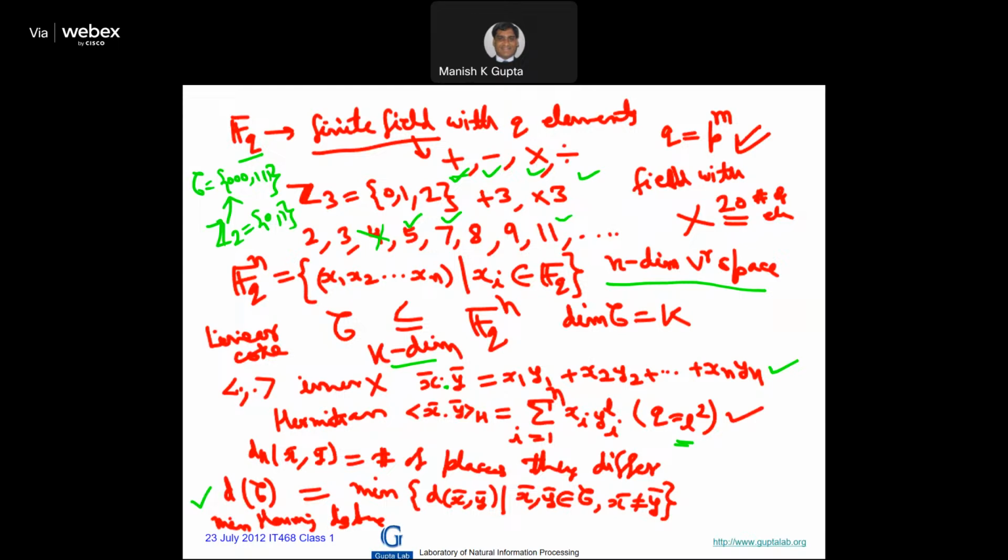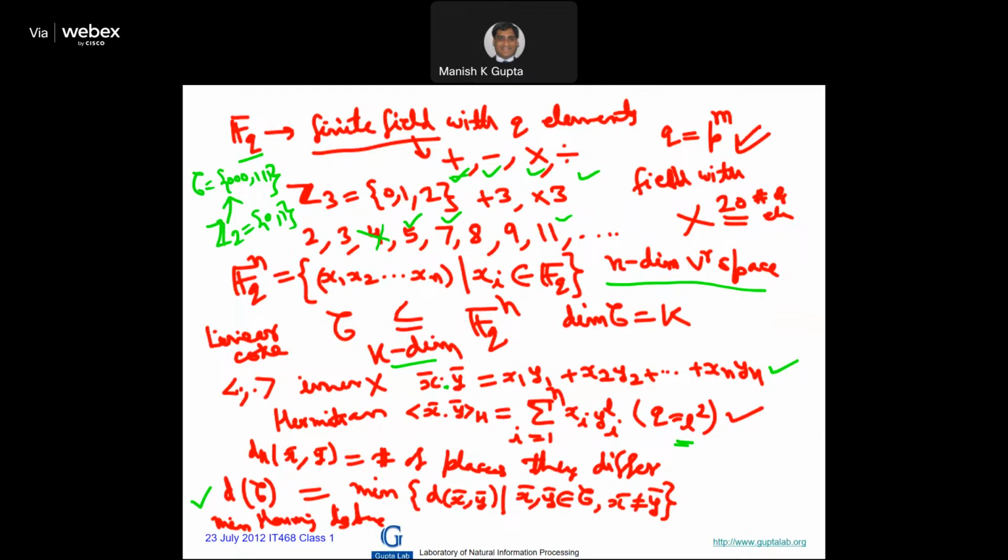And we define what is known as d(C), the minimum Hamming distance. So it's the minimum of the Hamming distance between all code words. Elements of this C are known as code words, like 000 and 111, both of them are code words. And we compute the distance between all of them, the pairwise distance.